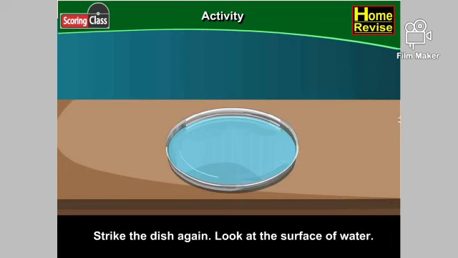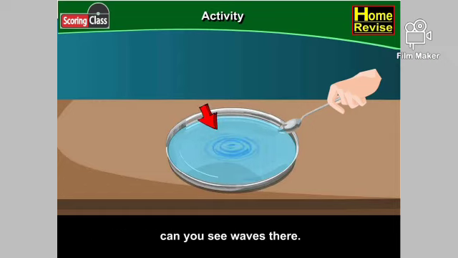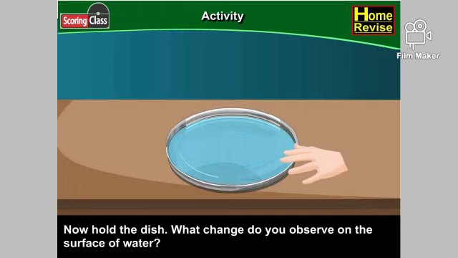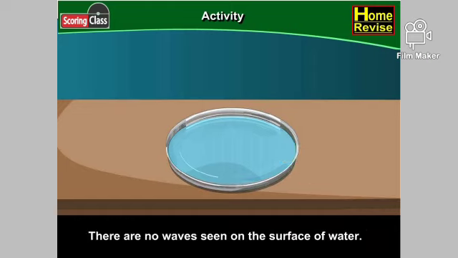Strike the dish again. Now look at the surface of the water. Can you see waves there? Now hold the dish. What change do you observe on the surface of the water? You got it. There are no waves seen on the surface of the water.